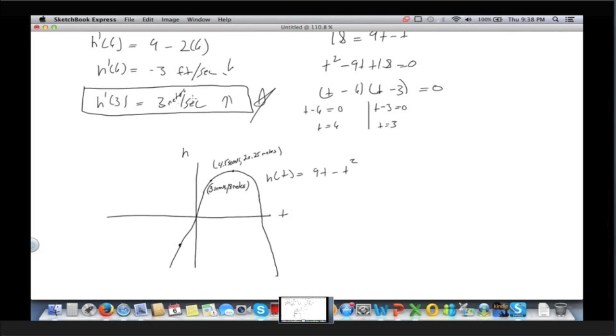Remember the other t? What were the 2 t's that we got? We got, okay, at 3 seconds and 6 seconds. That's right. So right there. Okay, that makes sense. Yeah. So this was 6 seconds.